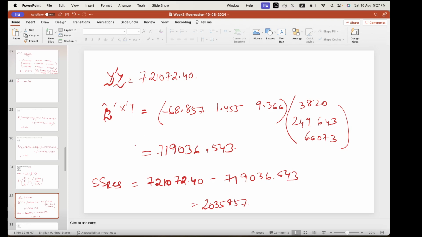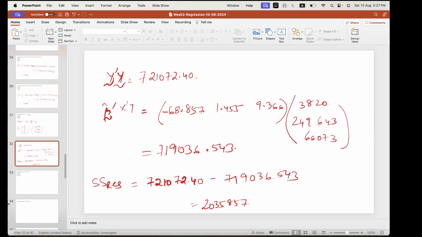Alright. So whatever it is, the procedure is this. Y transpose Y we'll have like this. Beta hat transpose X transpose Y we have to calculate and then find out the sum of squares due to residuals. Okay.